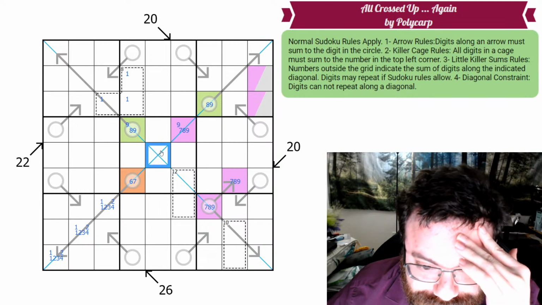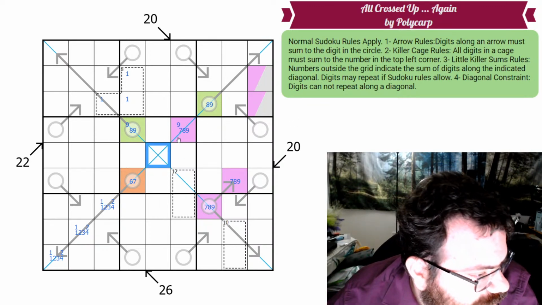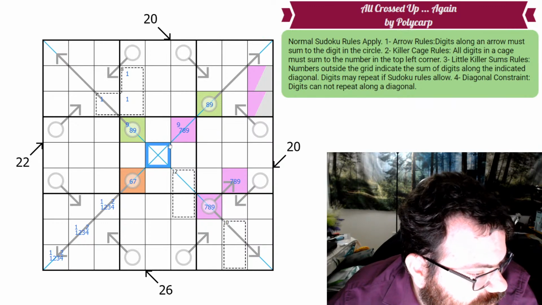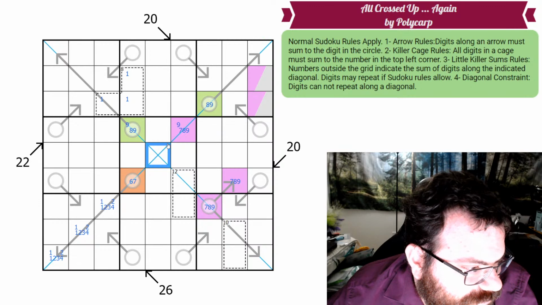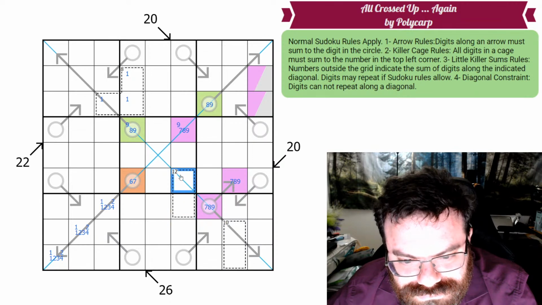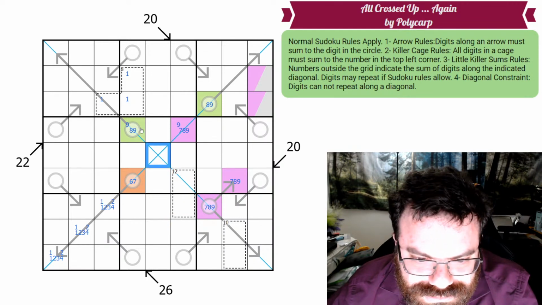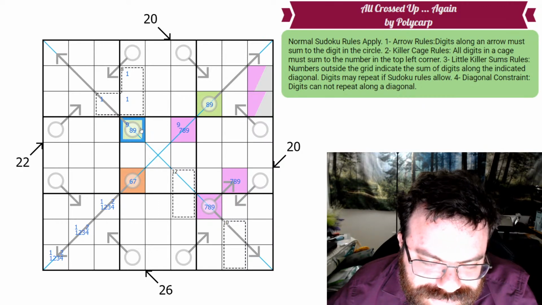Wait. I have to write this out. Well, I investigated green as 8 already.